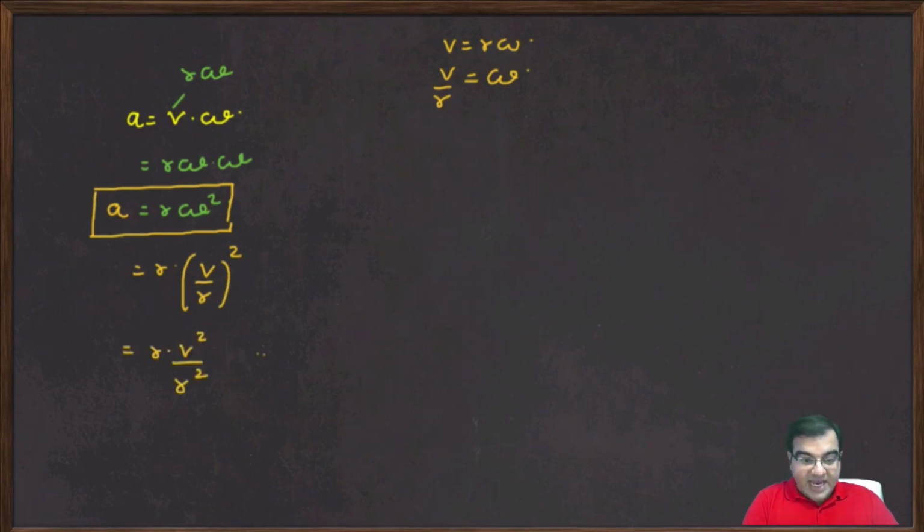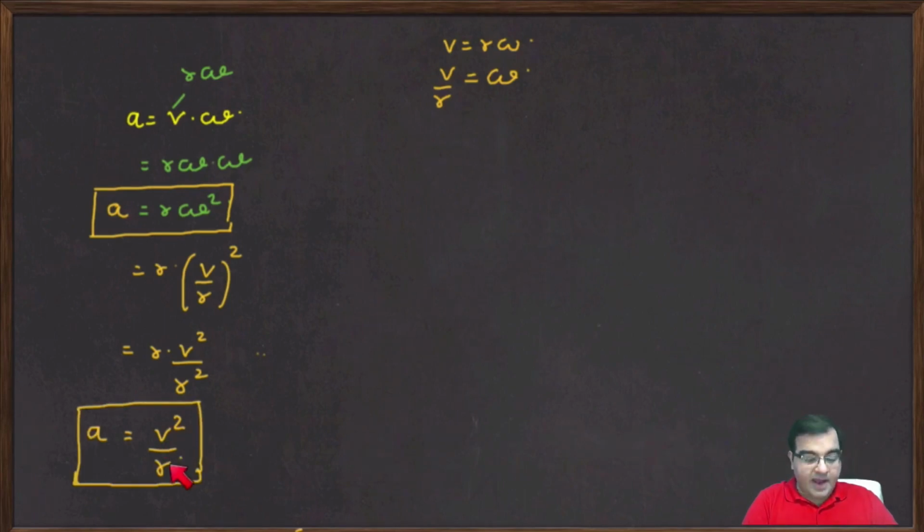When I solve this, I write this r as it is, and this becomes v square by r square. One r gets cancelled, so I get v square by r. So acceleration is equal to v square by r. This is my third formula for centripetal or radial acceleration.